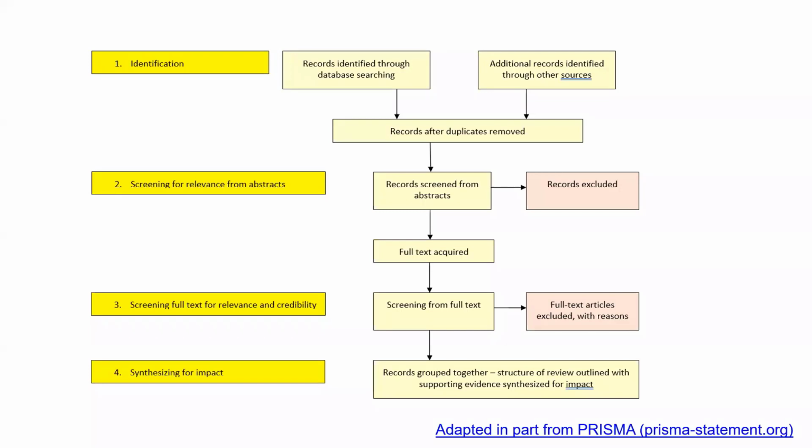And that's when you have to read that and screen that and decide whether or not from the full text it belongs in your final review. So it's a matter of doing a big gathering at the beginning and then screening step by step until you're left with the things that are actually relevant and important.